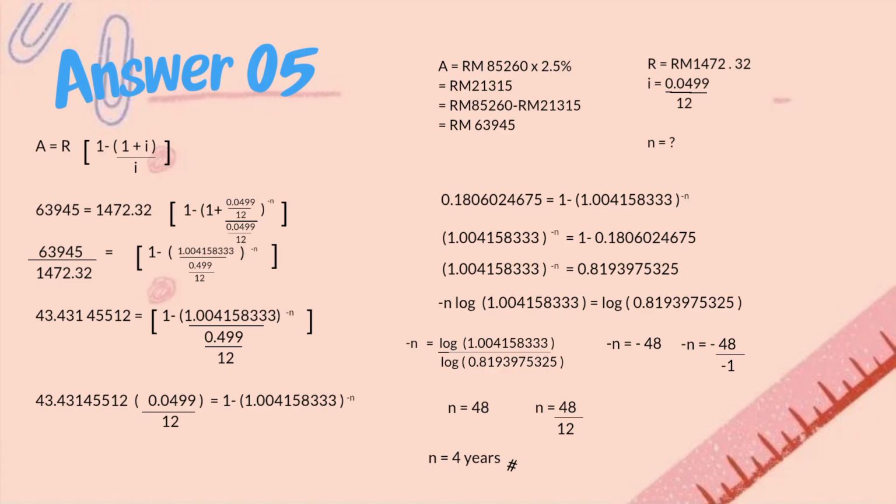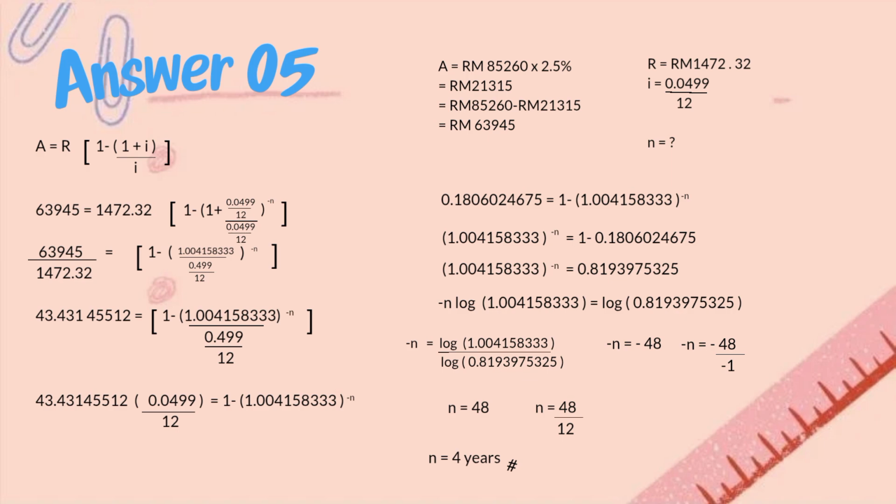The formula given means A is 63,945 and R is 1,472.32, and 1 minus 1 plus 0.0499 over 12 to the power of negative N, over 0.0499 over 12.